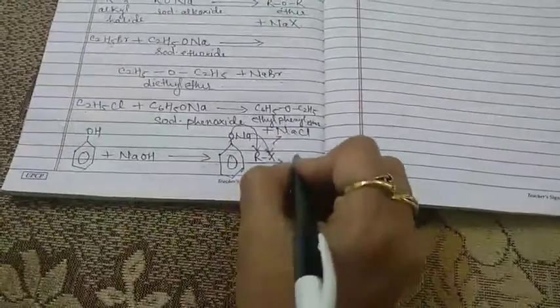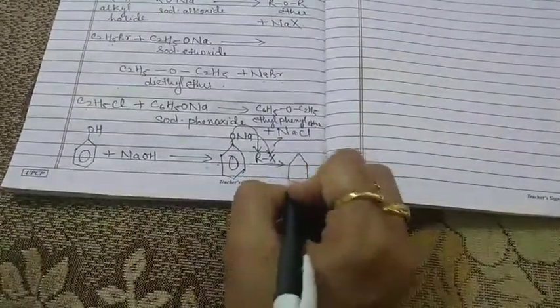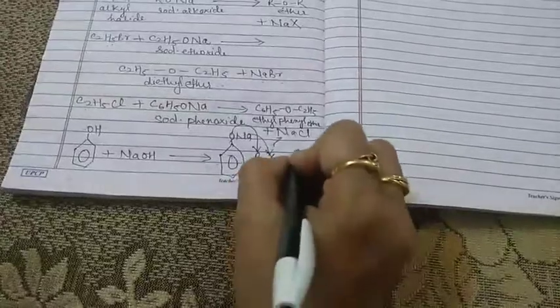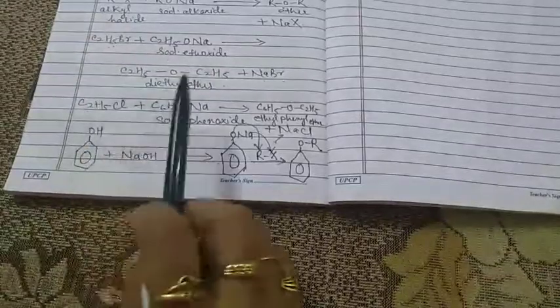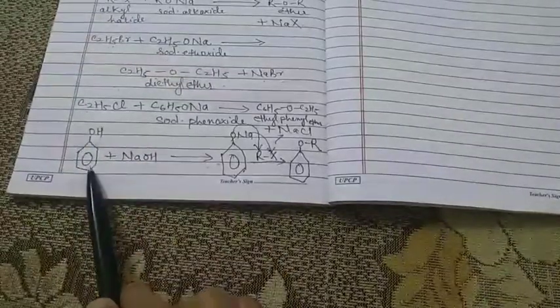So we get this: this is the benzene ring, here O, and this is R. So with the help of the Williamson synthesis, phenol is also converted to ethers.